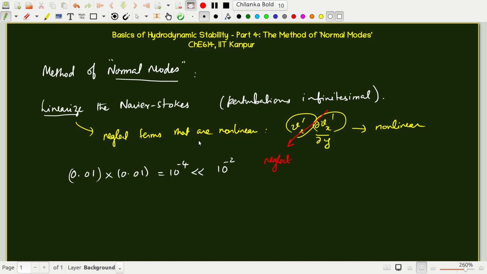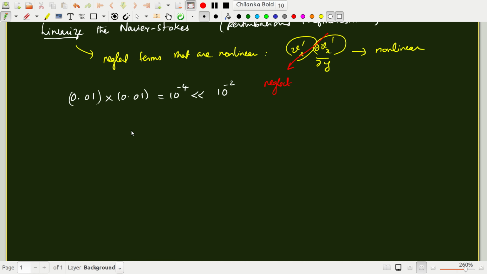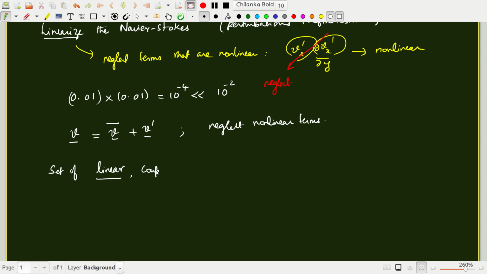Therefore, the moment you neglect the nonlinear terms, after substituting that the velocity vector is given by the base state velocity vector plus fluctuations, what you will end up with is a set of linear, coupled, time dependent partial differential equations.